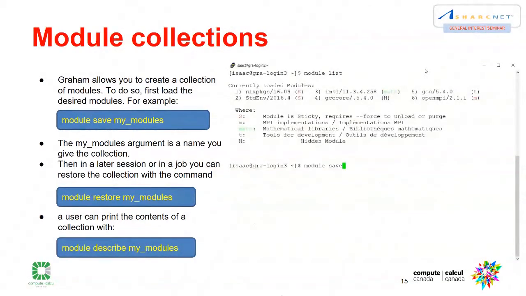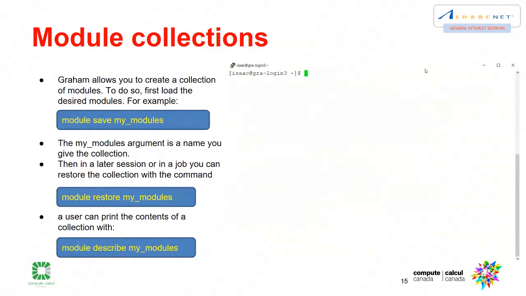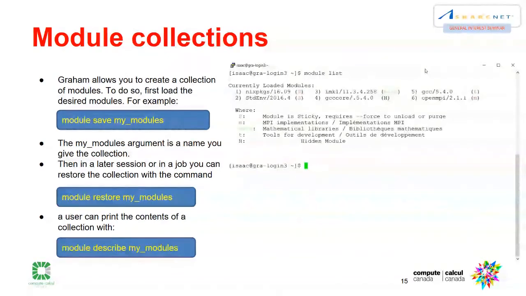So I'll save this module list as my GCC module list, which means the whole collection of modules is saved into my GCC. And then I can sometimes check what is actually in our module list by using module describe. So once again, let me go back to Intel compiler.